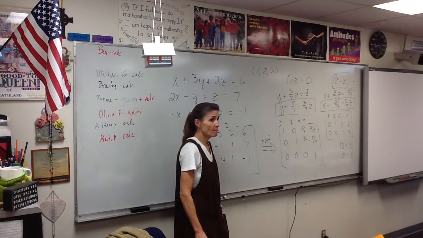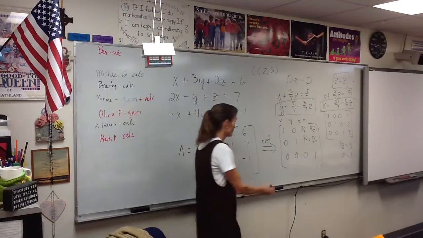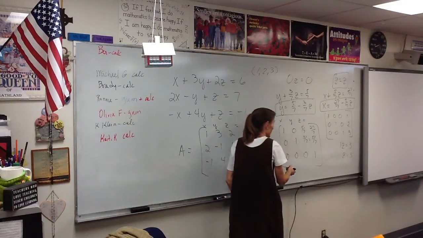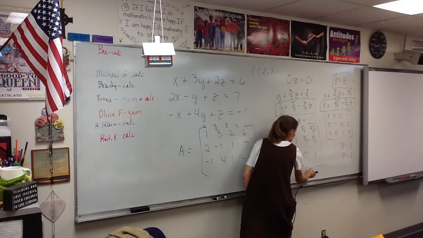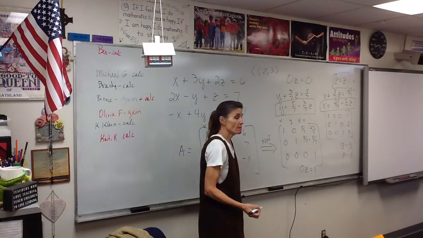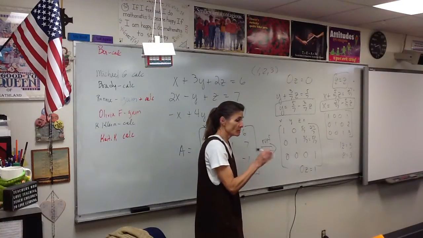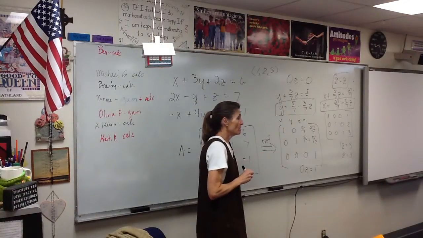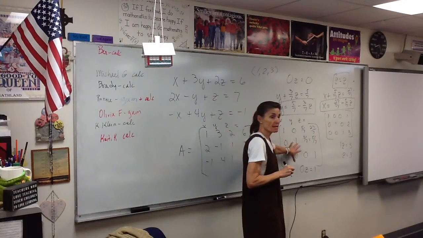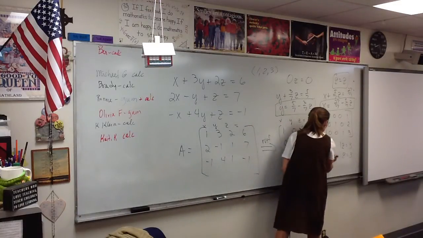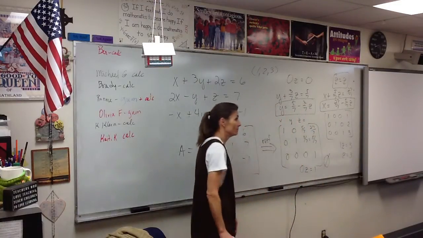Can you tell me why? What would that equation say? 0z equals what? Can 0 times z equal that? Makes sense. So that would say there's no solution.